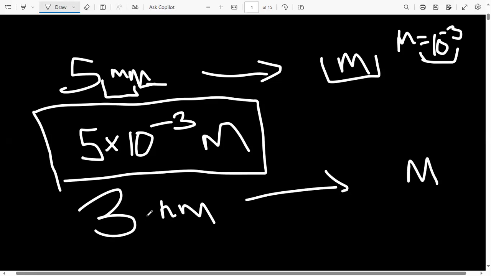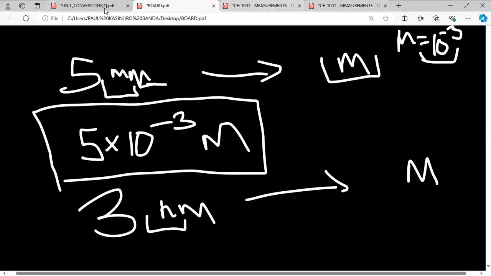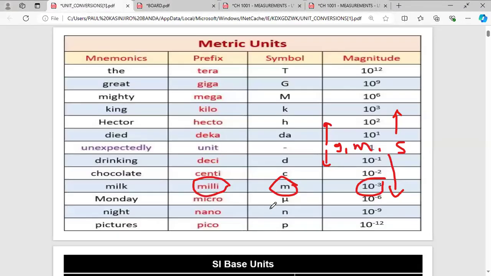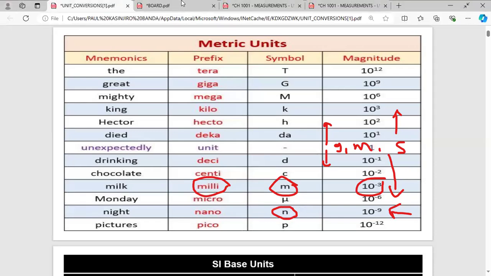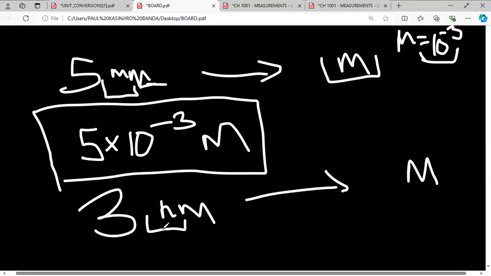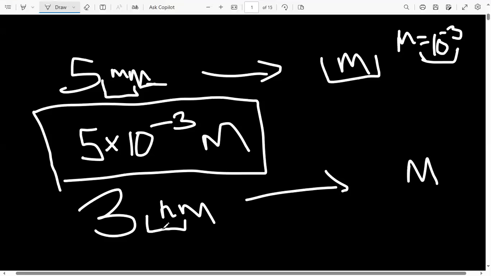We see that nano is a sub-multiple because it is 10 raised to a negative power. On your metric table, nano is represented by a small letter n, and its value is 10 to the power minus 9. So wherever I see nano, I'll replace it with 10 to the power minus 9 to convert to meters.